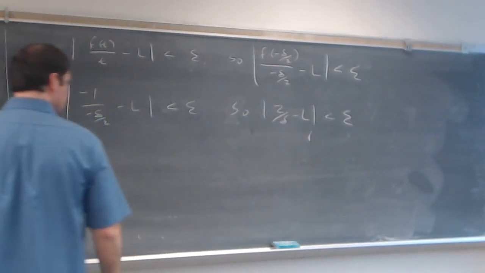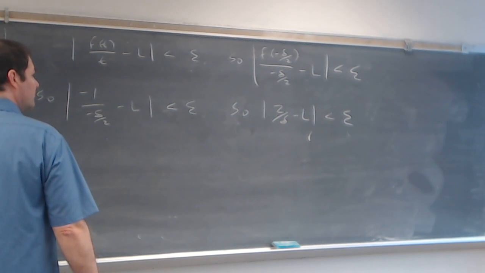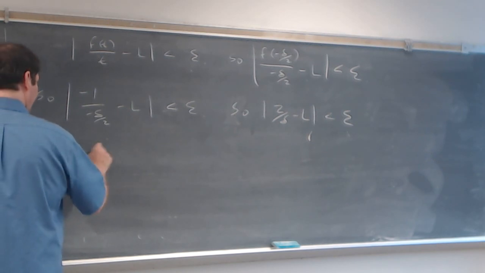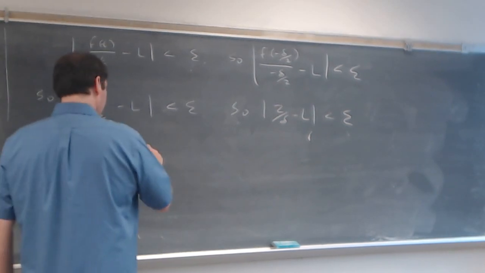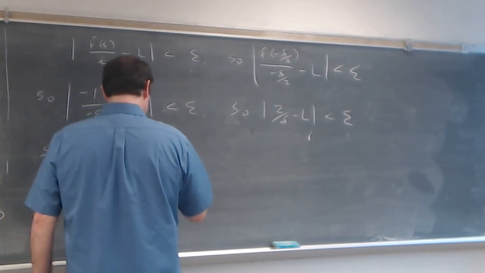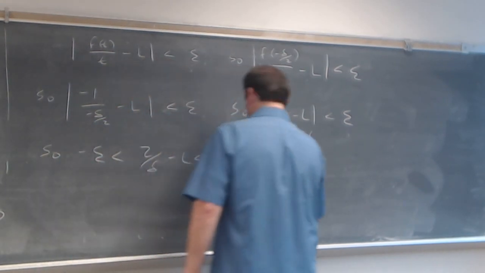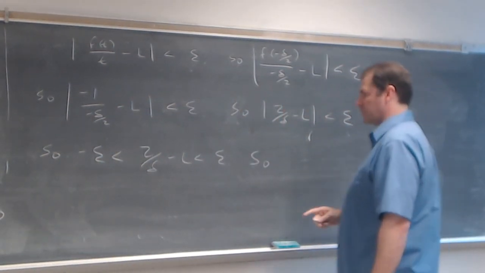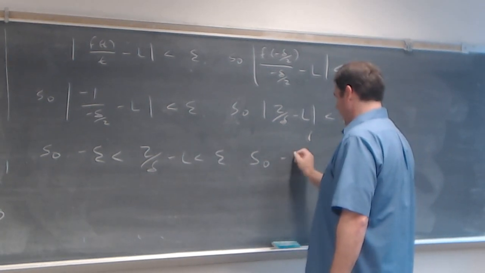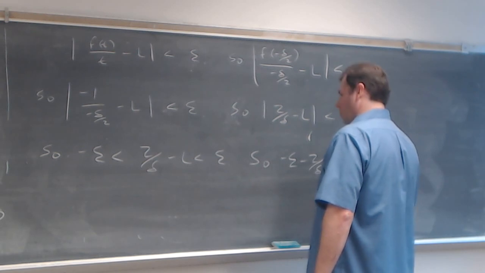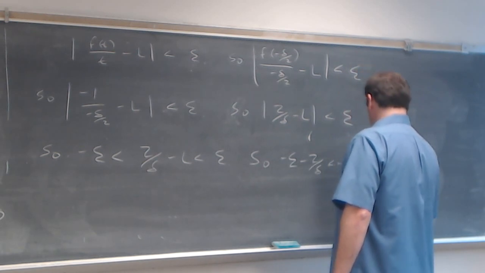And so translating this inequality involving absolute values into one that doesn't, we have minus epsilon is less than 2 over delta minus L, which is less than epsilon. So if we subtract 2 over delta, we have minus epsilon minus 2 over delta is less than minus L, which is less than epsilon minus 2 over delta.